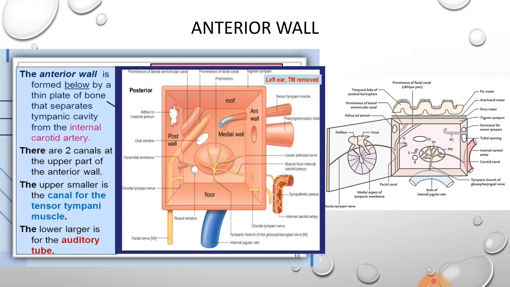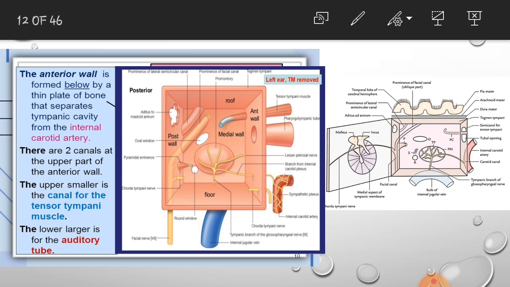There are two canals that you see here in the upper part of the anterior wall. The upper smaller one is the canal for the tensor tympani muscle, and the lower larger one is for the auditory tube or eustachian tube.